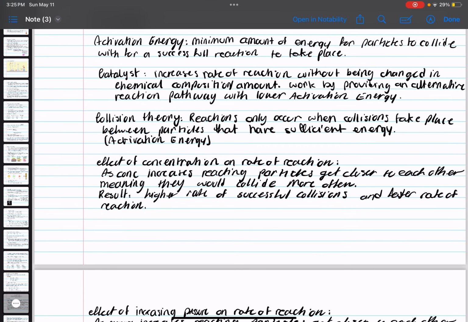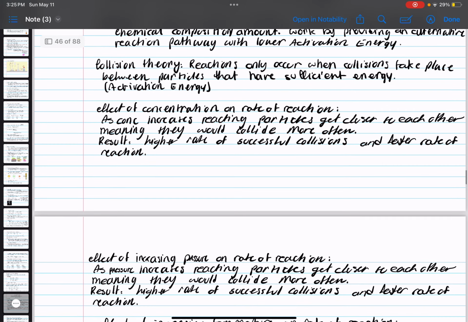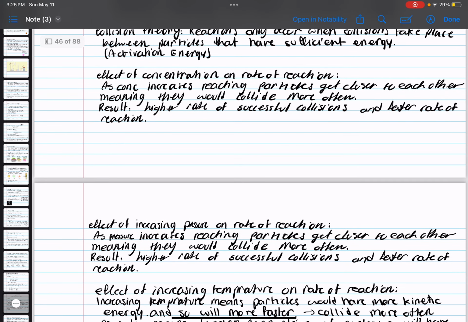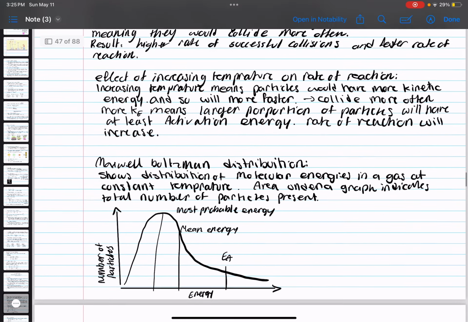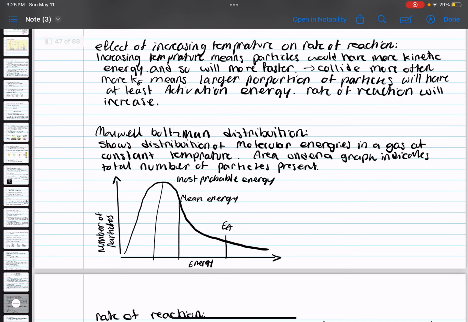Collision theory is when collisions take place between particles with sufficient energy, equal to or higher than the activation energy. Then the effect of concentration on rate of reaction: as concentration increases, reacting particles get closer to each other, meaning they collide more, meaning a higher rate of successful collisions and faster rate of reaction. Same thing for pressure and temperature.